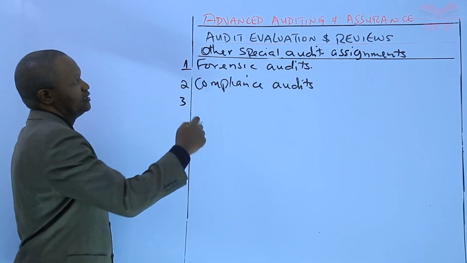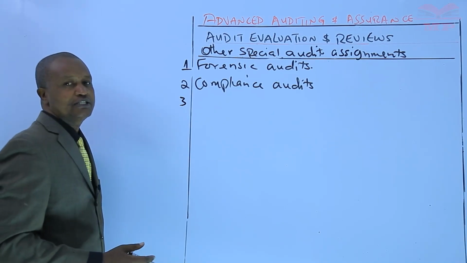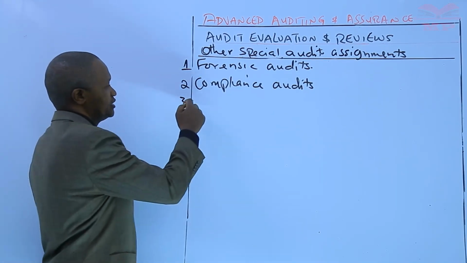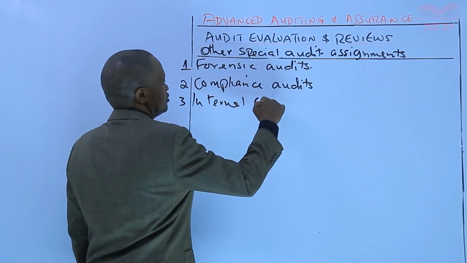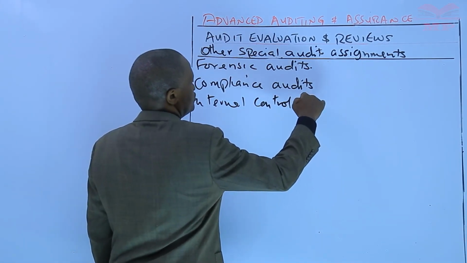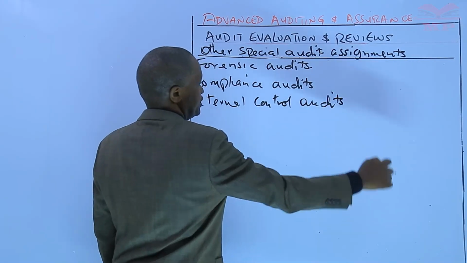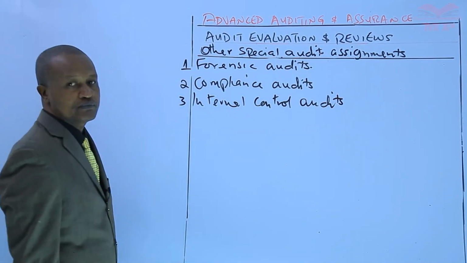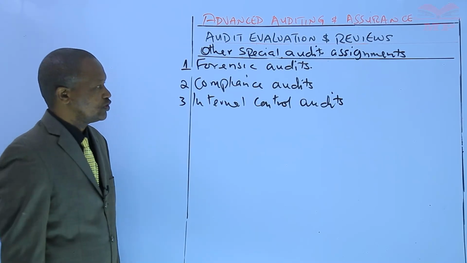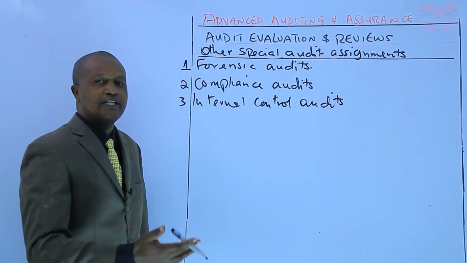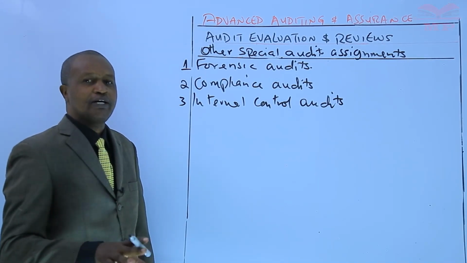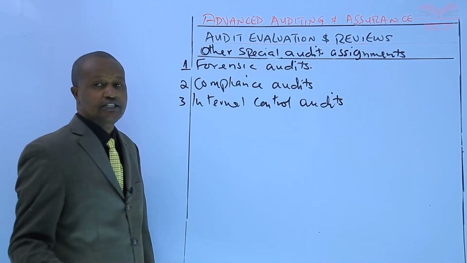The third special audit assignment is the internal control audit. Now, internal control audits evaluate the effectiveness of an organization's internal control systems in managing risks and safeguarding assets.